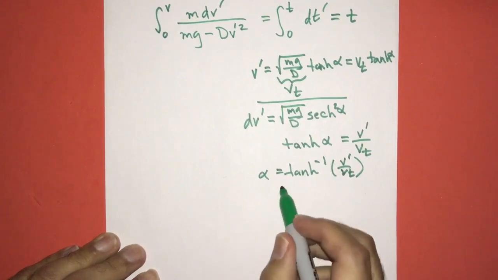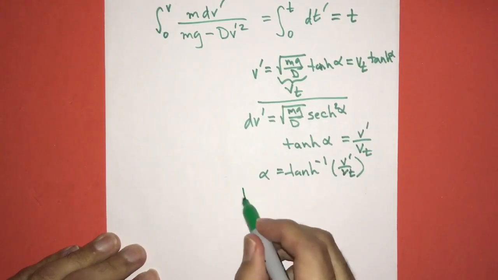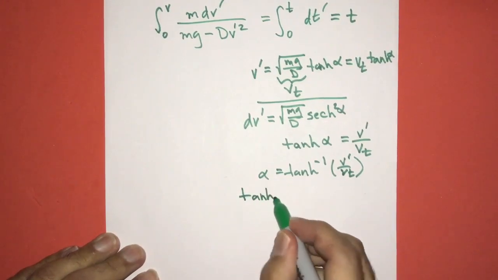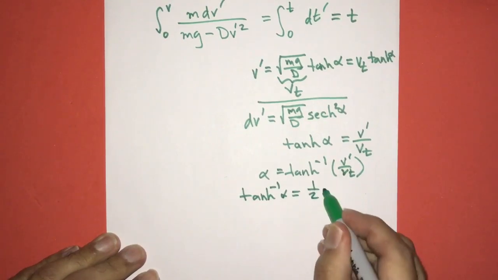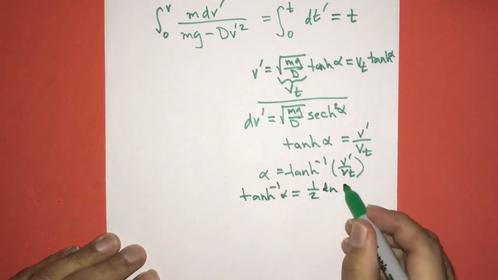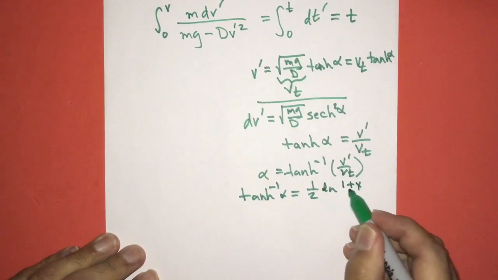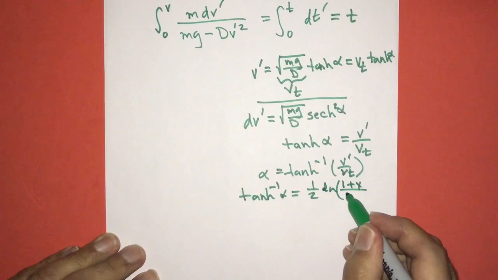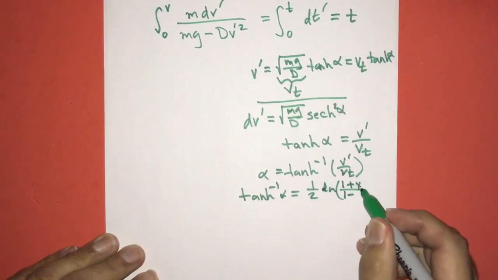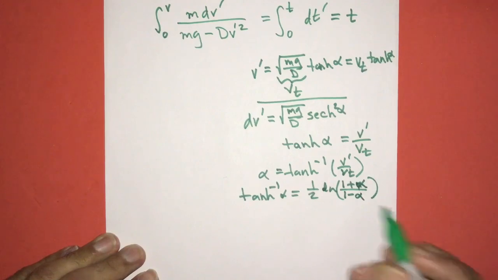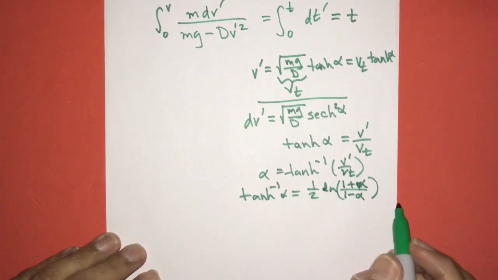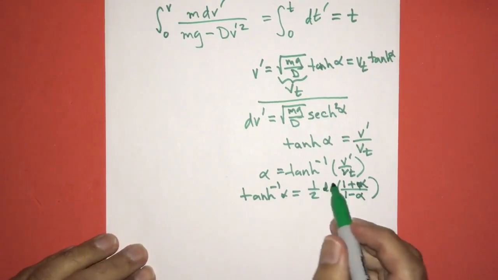We can look this up: the inverse hyperbolic tangent function is one half natural log of 1 plus x over 1 minus x, but in this case we're using alpha, so let's be consistent. Let's go ahead and substitute this in and see what we get.